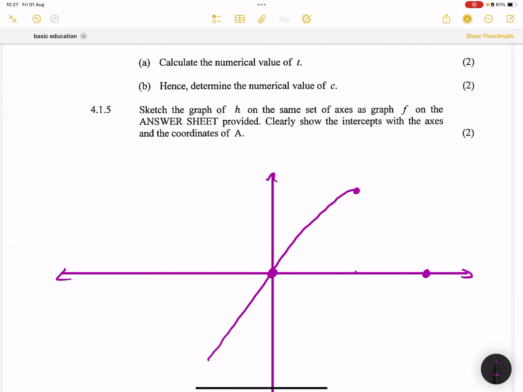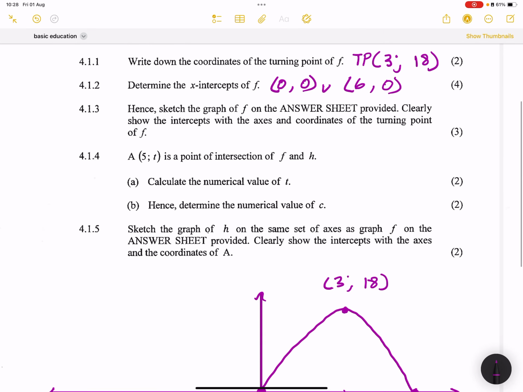There we go, that looks much better. So we're showing this value 0, and this one is 6, and this one is 3 and 18. And that's our graph for f of x. So that is truly what the graph looks like.